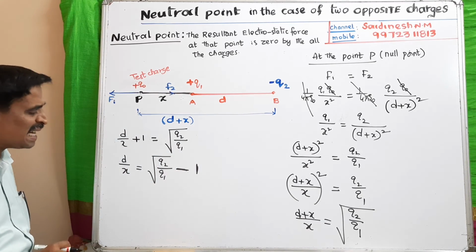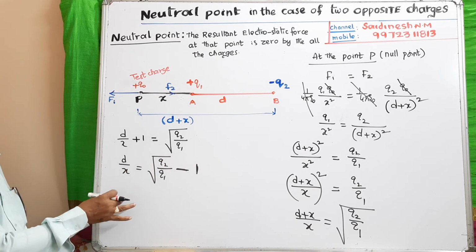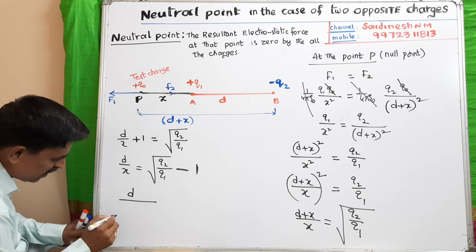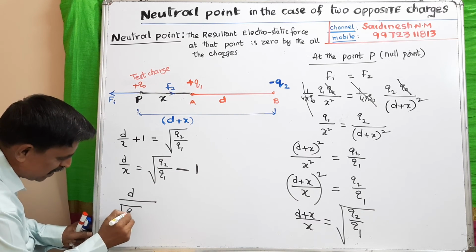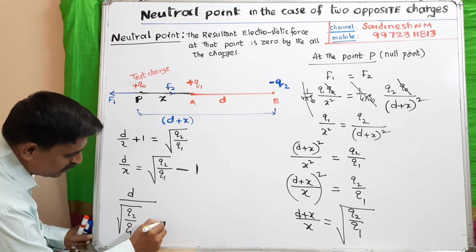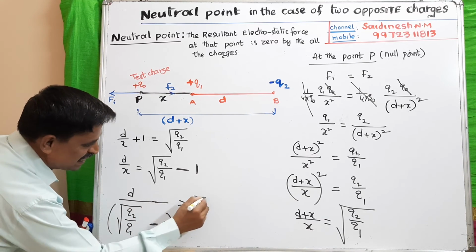Now please listen here. x goes to the numerator, this total term comes to the denominator. d by this total term, under root of Q2 by Q1 minus 1, is equal to x.